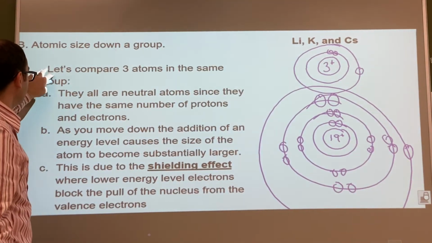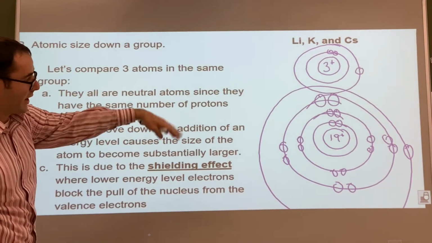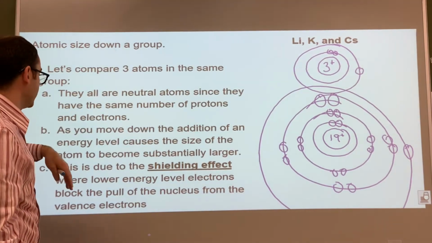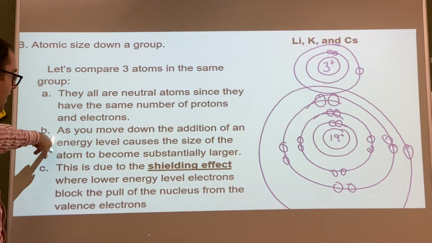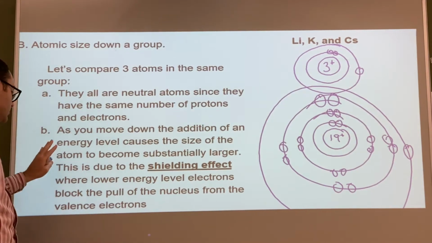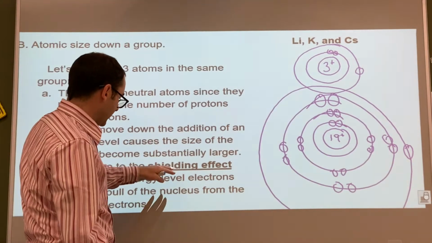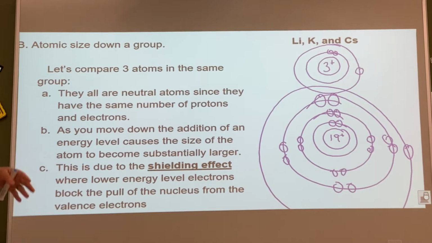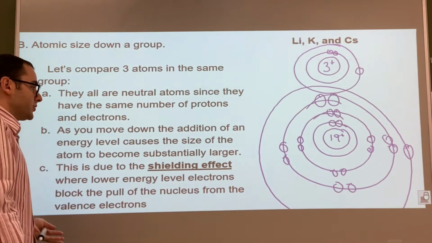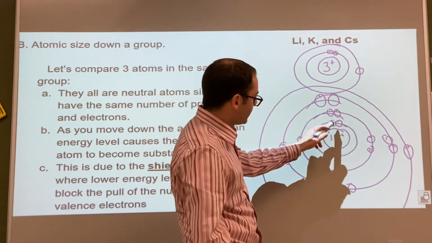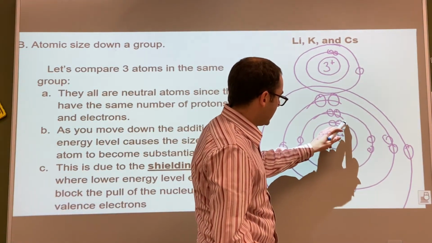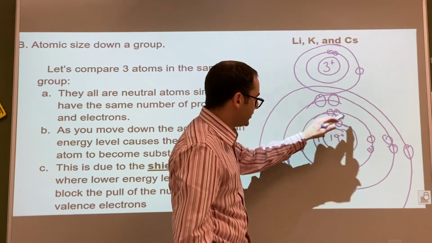Okay, so they're all neutral again, right? So the charge didn't have anything to do with this. But as you move down, the addition of energy levels causes the size of the atom to become substantially larger, all right? This is due to the shielding effect, where lower energy level electrons block the pull of the nucleus from the valence electrons. So in here, the first energy level, if you kind of think about it, these electrons are spinning around here real quick.